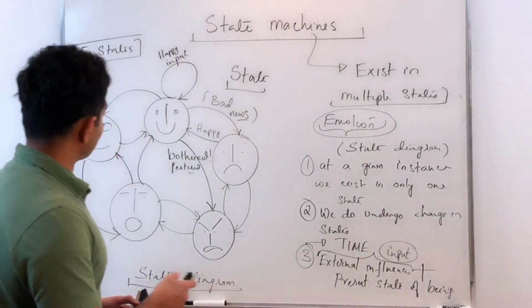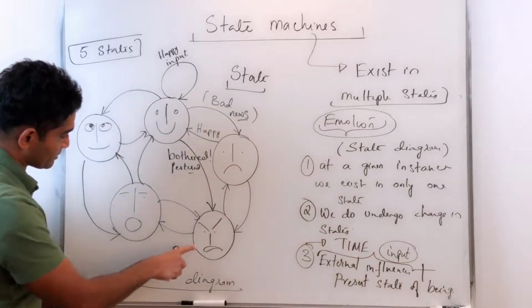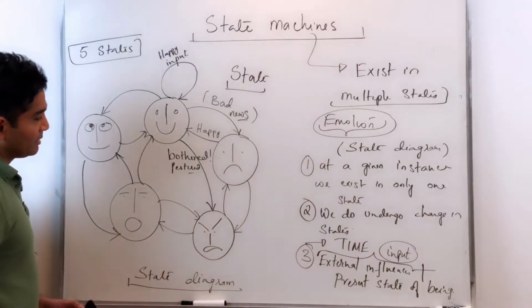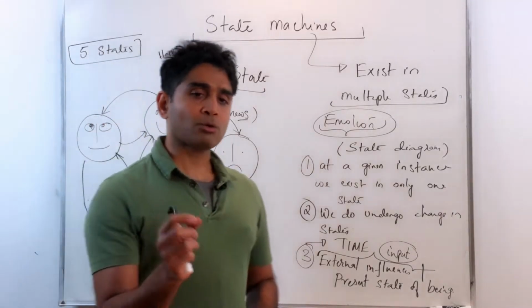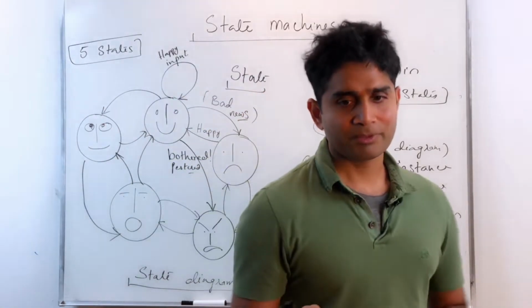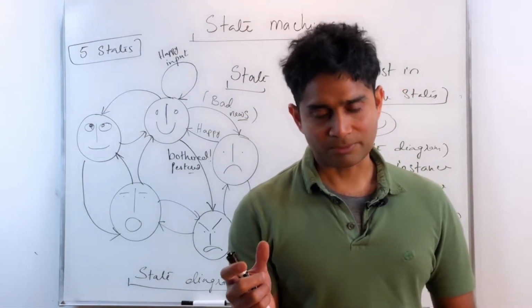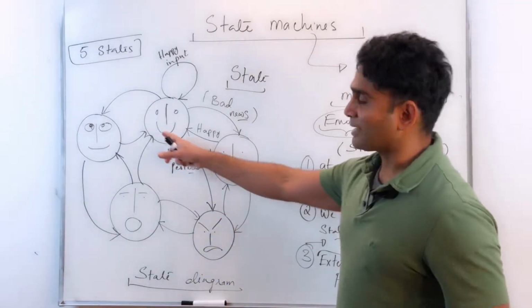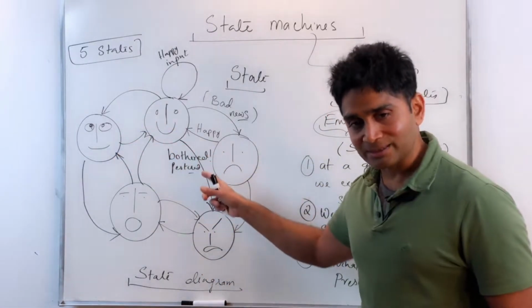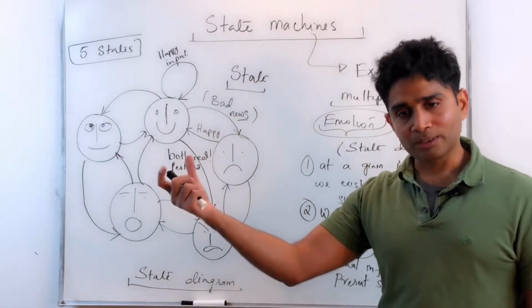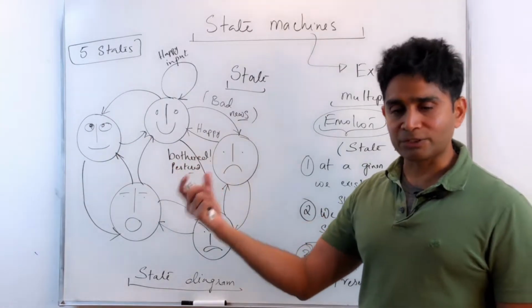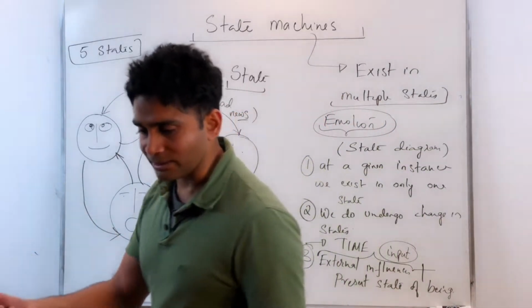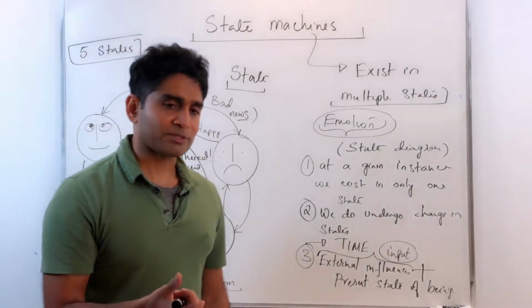So if I want to design a state machine that can exist in multiple states, let's say these 5 states, I need to encode each state with a digital code, right? So that as the state machine goes from one state to the next, depending on that digital code, we can know exactly which state that machine is in at that particular instance of time.